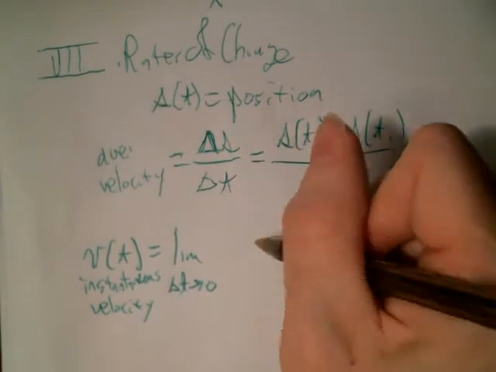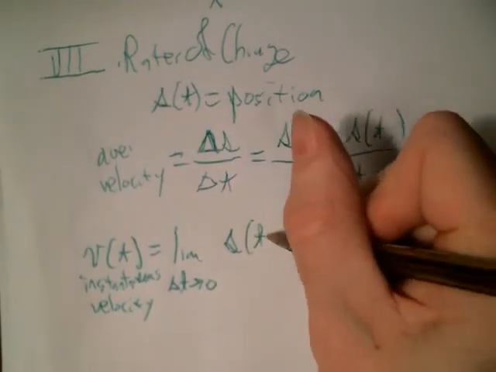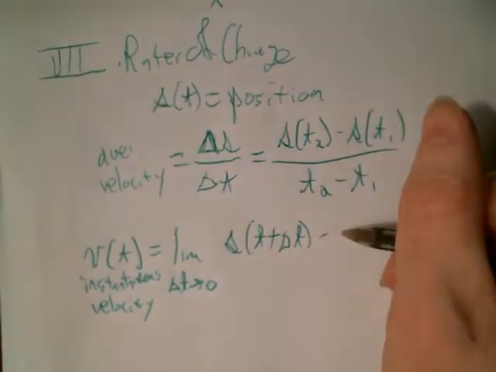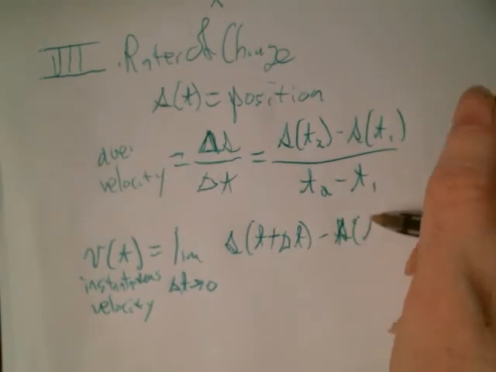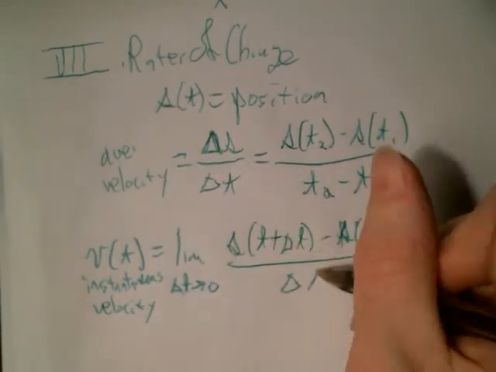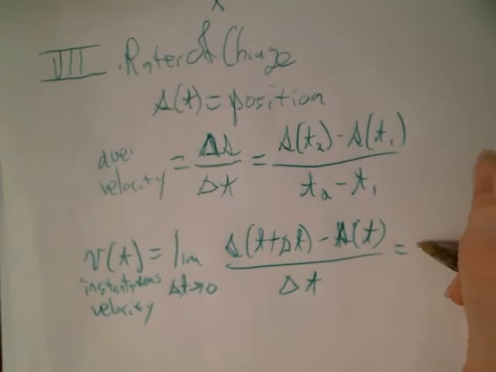Be the limit as change in t goes to 0 of s of t plus change in t minus s of t all over change in t, which is, of course, just equal to the derivative of the position function.